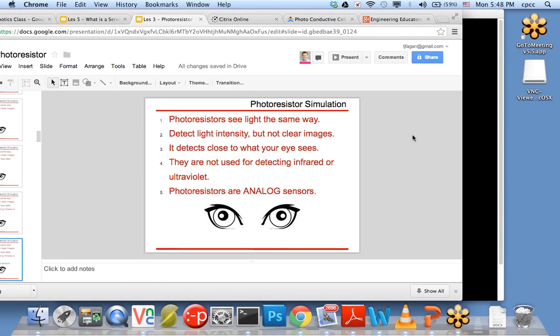Right now, I'm going to ask if there's any questions. Anybody have any questions? Can you get a photoresistor for other electromagnetic radiation? That's a good question. Actually, I don't know the answer to that. I'm sure you can, not necessarily a photoresistor, but I'm sure you can get some other electromagnetic sensor for radiation.